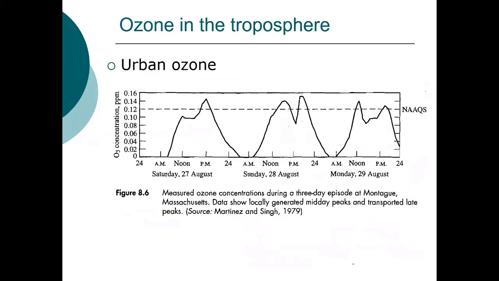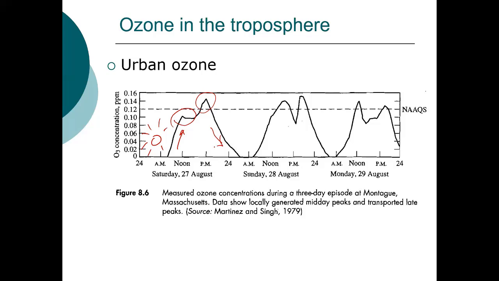This is the classic ozone plot where you see an increase as the sun comes up. It's also rush hour in the morning. You see an increase. Often you'll see a peak around noon. You'll often see a peak later in the day, and then the concentration decreases at night, and the same thing occurs over and over again.